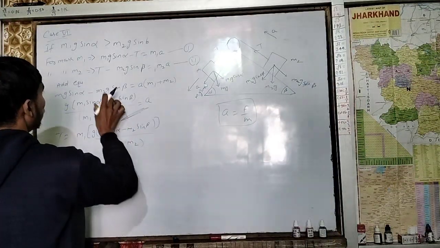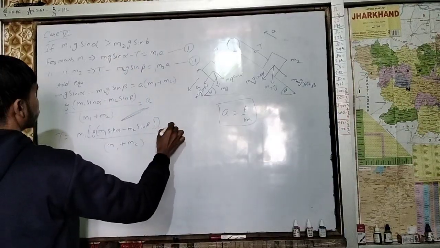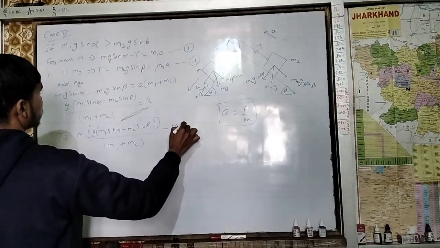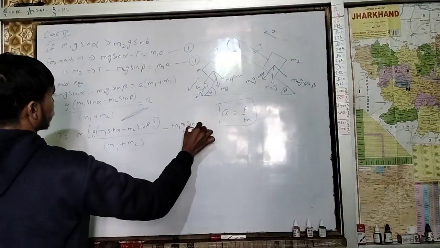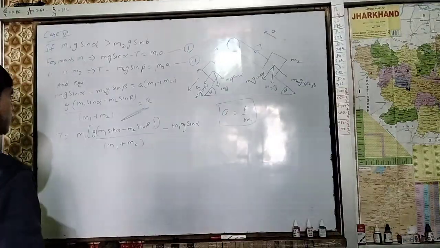Clear? Now this minus m1 z sin alpha. Clear? Sin alpha. This will be our T.